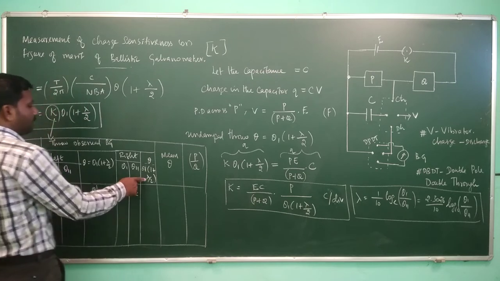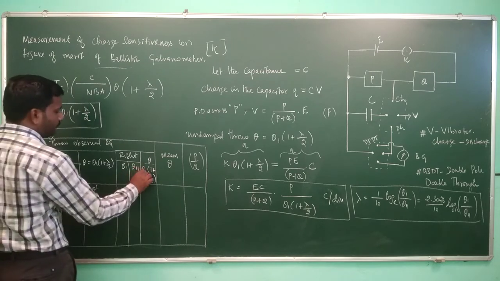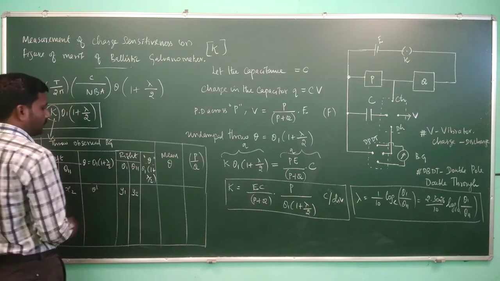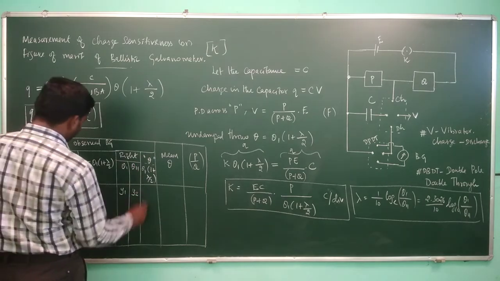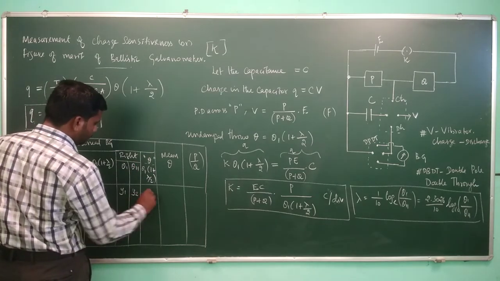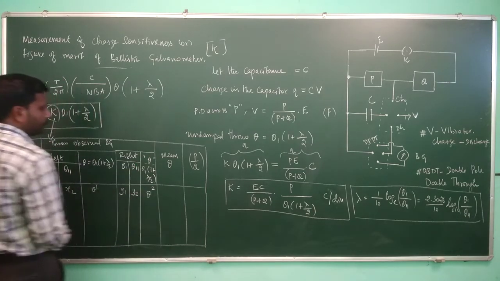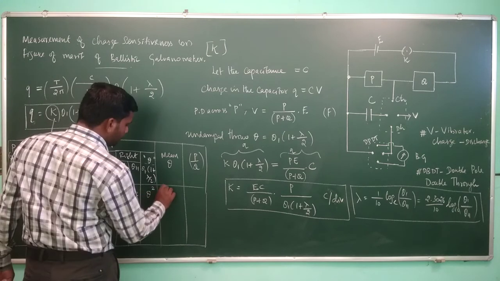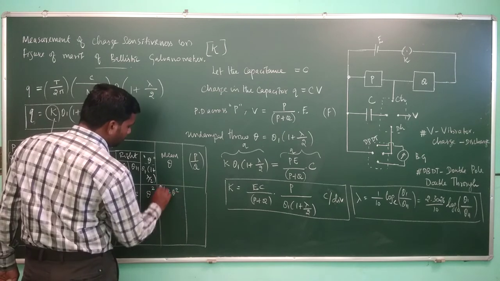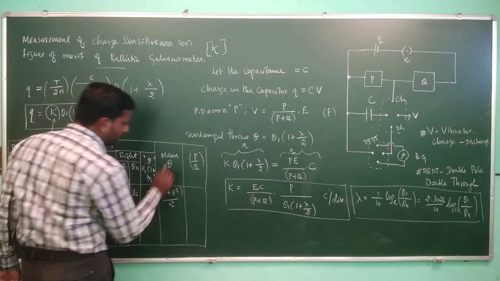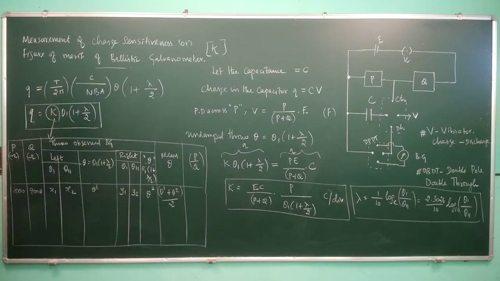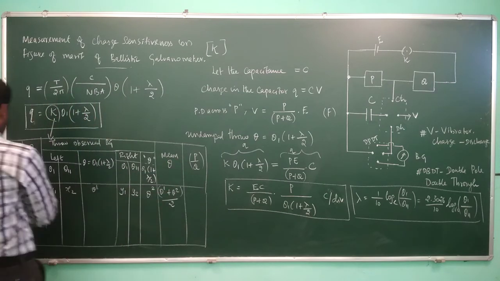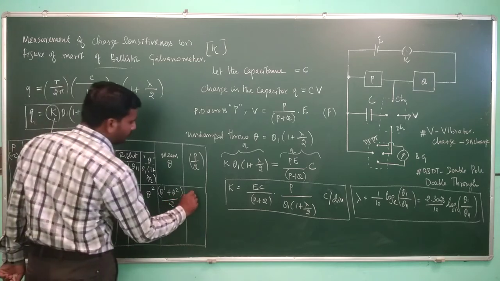So you substitute the values for lambda and theta 1, and you will get this theta. If you want the mean theta, you add theta 1 and theta 2 and divide by 2. And if you want P by Q, divide 1000 by 9000, you will get this value, say N1.